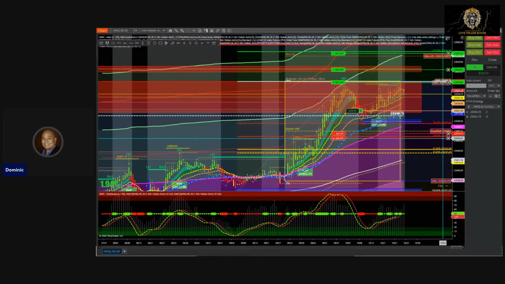I'm going to test that. Let's see. You can get back to the 400s here, or low 300s. So we're going to pull back here to the 21. Let's see.